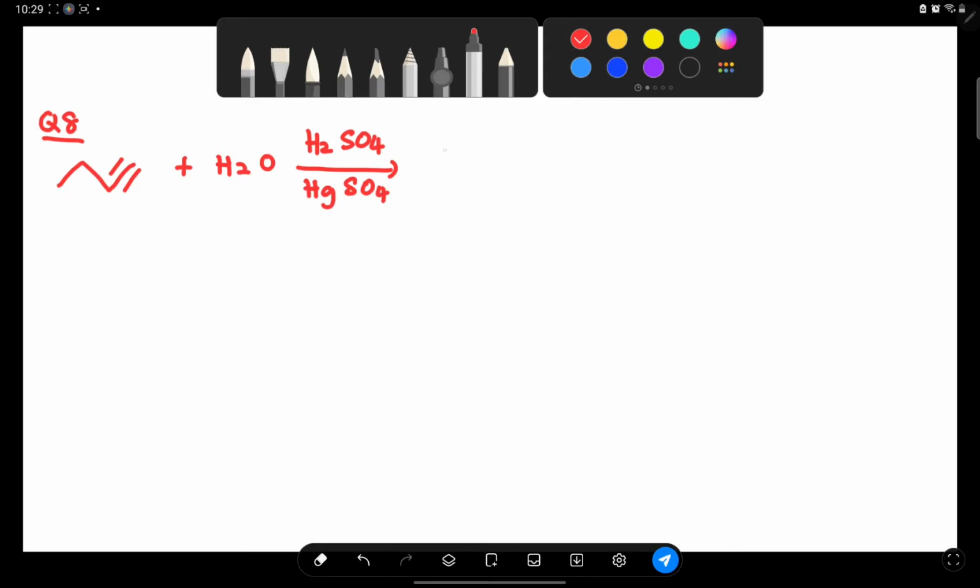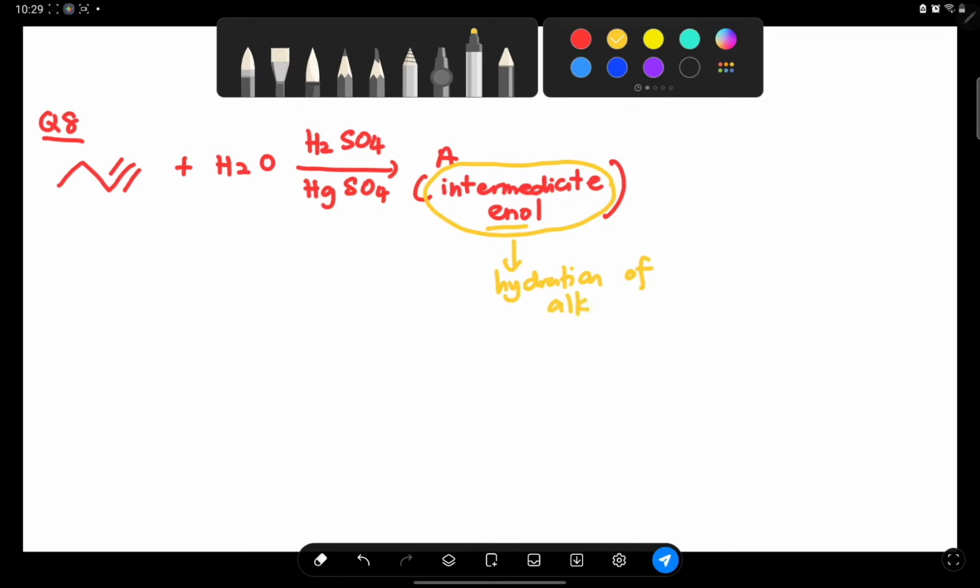Here it produces compound A, or we call it an intermediate enol. When you see this word enol, this is the clue for you. So when it produces an enol, of course it relates to hydration of alkyne. Then to produce B. B is the final product.